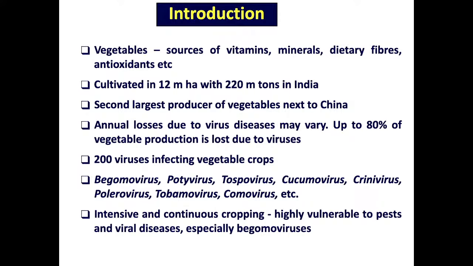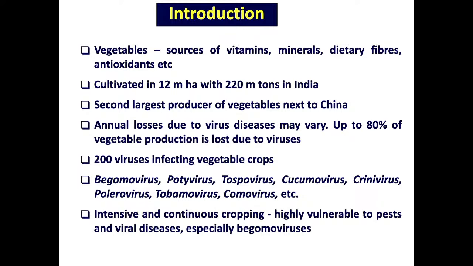The reason is intensive cultivation. Throughout the year, for example in the villages very near our campus, Tondamuthur, we have a tomato crop all year. So the inoculum, not only of viruses but of all pathogens, is always present.